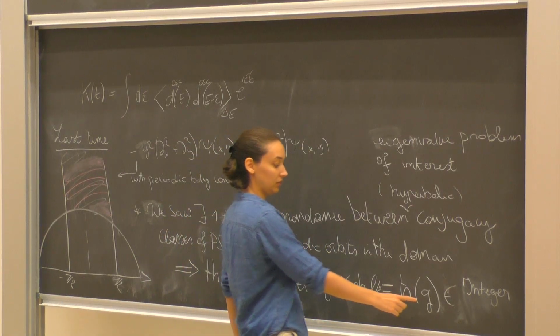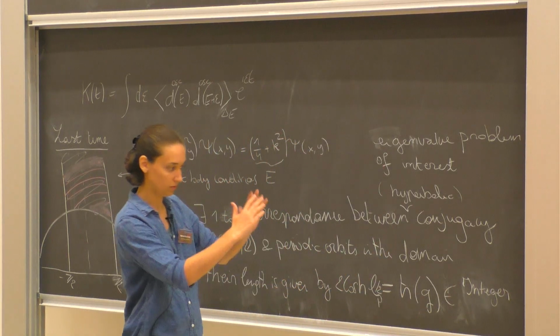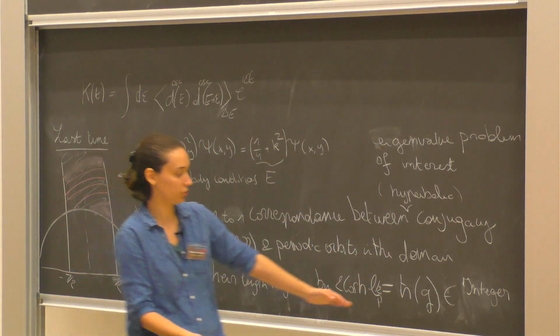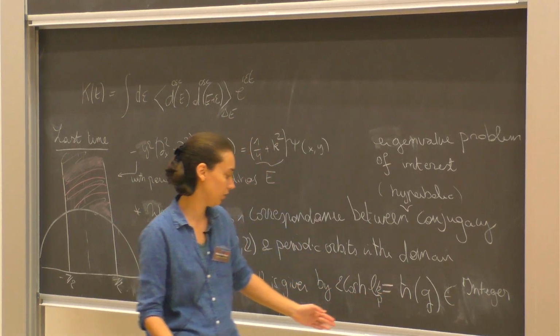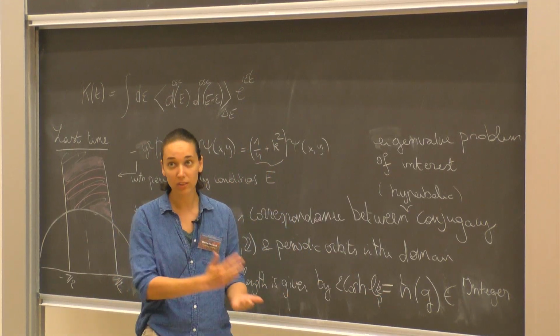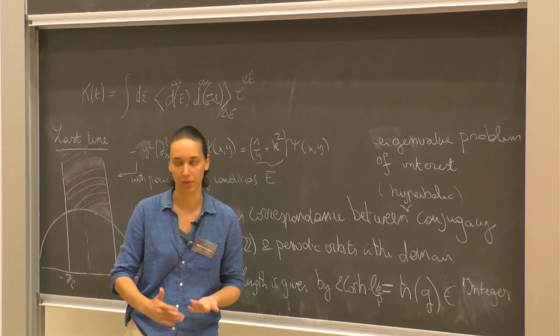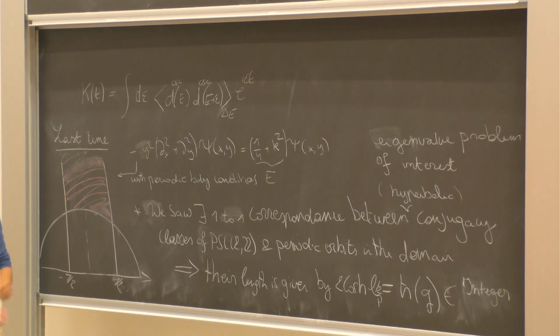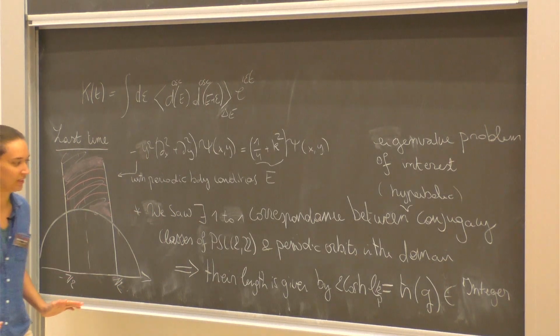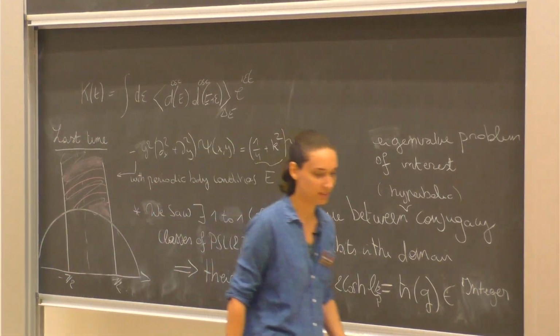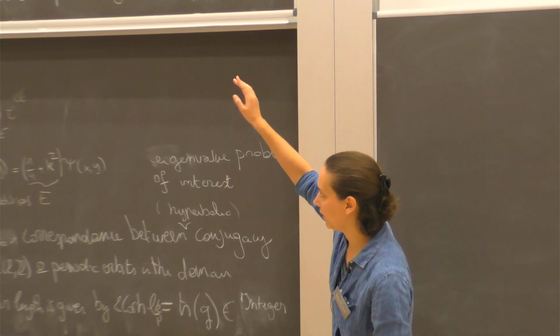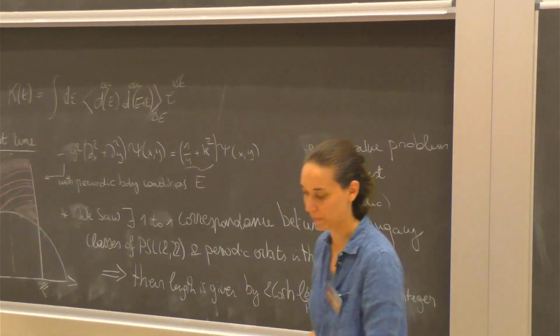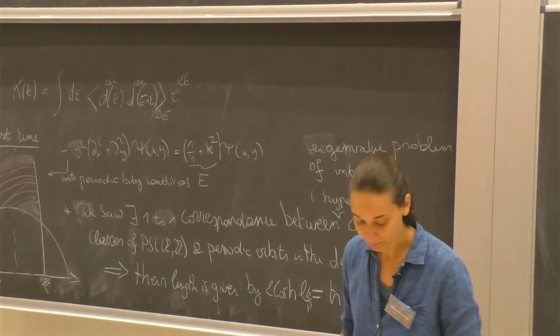Given that this matrix is only made of integers, its trace will also be an integer, and you find only specific values of the length that are present in the length spectrum of the periodic orbits of this theory. That was the recap. And now we're going to use this to try and derive the oscillatory part of the density of states.